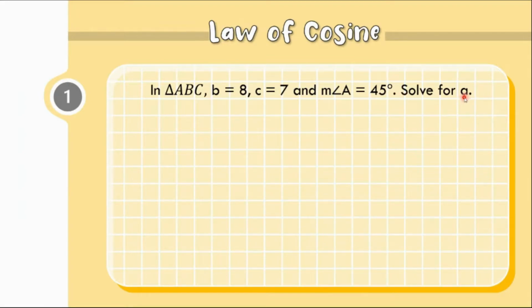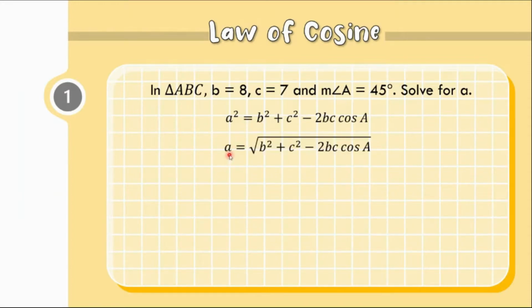Since we are asked to find the length of side a, our equation will be a squared is equal to b squared plus c squared minus 2bc cosine A, in which the length of side b, the length of side c, and the measure of angle A are known. Or, we can solve the length of side a using this equation: a is equal to the square root of b squared plus c squared minus 2bc cosine A.